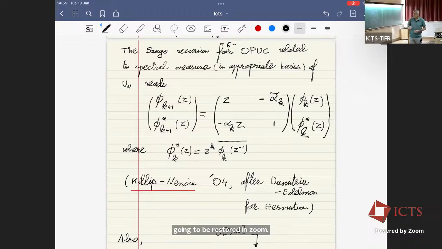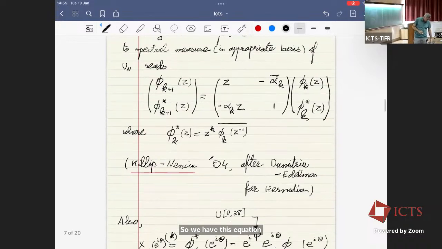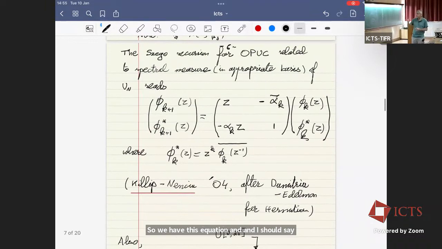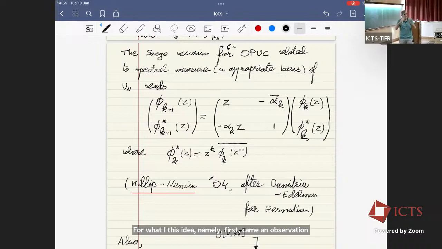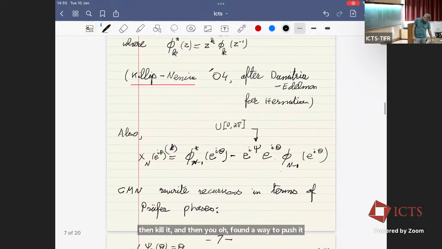So we have this equation, and I should say that this observation of Killip and Nenciu actually came in reverse order from what I described here, namely first came an observation of Dumitriu and Edelman in the Hermitian matrices case. They gave a tridiagonal model for such matrices, and then Killip and Nenciu found a way to push it to the unitary case.